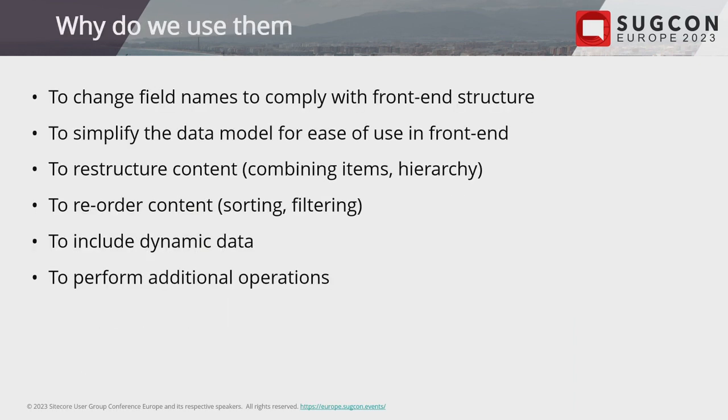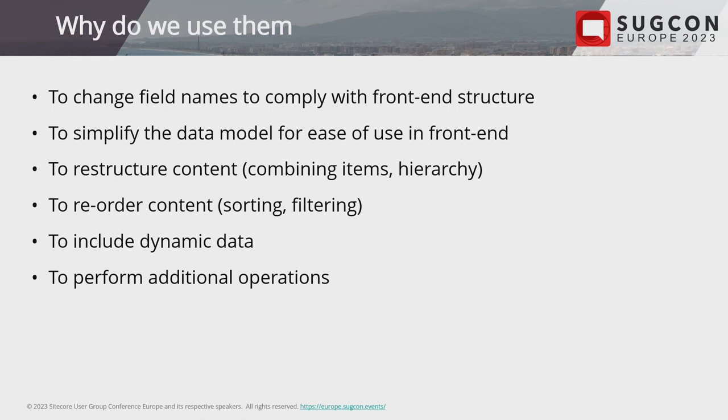So why did we use them? Well, first of all, maybe initially because this was also advertised in the Sitecore documentation as a way to customize your data model. But I browsed through a number of projects and found a few cases, like changing field names, simplifying the data model for the front end, restructuring your content, like combining items or changing the hierarchy, but also reordering content, and, as I mentioned, including dynamic data, or performing additional operations.